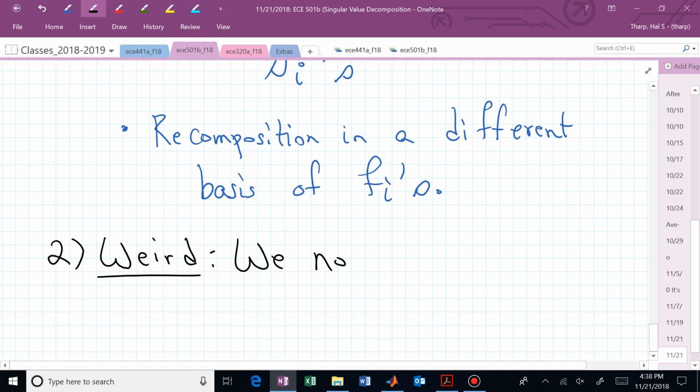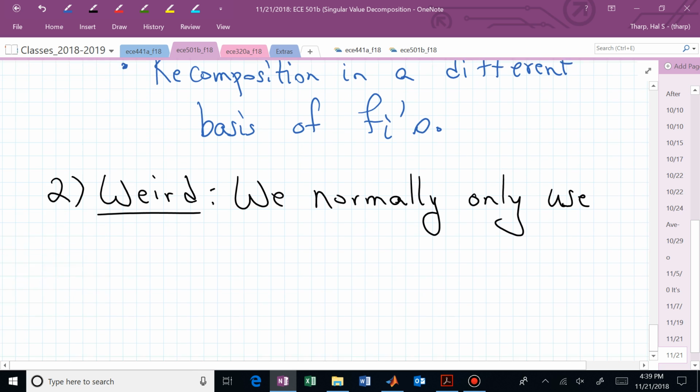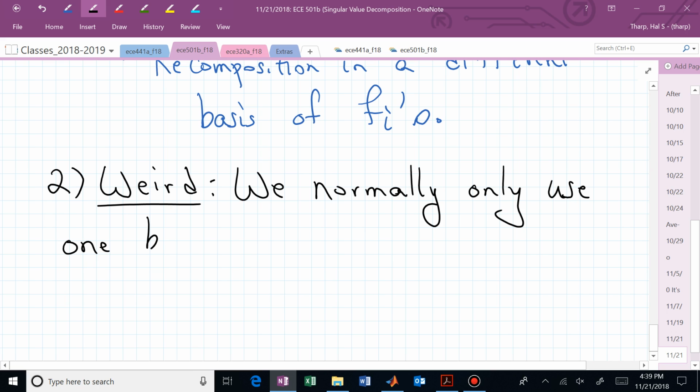And in general, we normally only use one basis when we're dealing with an operator.